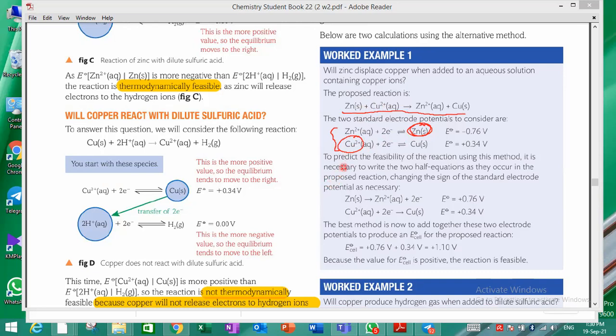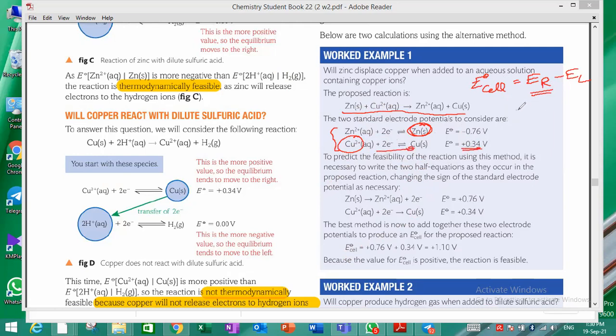Okay. And in order to find out the E naught cell, we start with what we said: E naught cell equals E right minus E left. The E right is the one that gains electrons, the one that when it gains electrons gives a positive value.